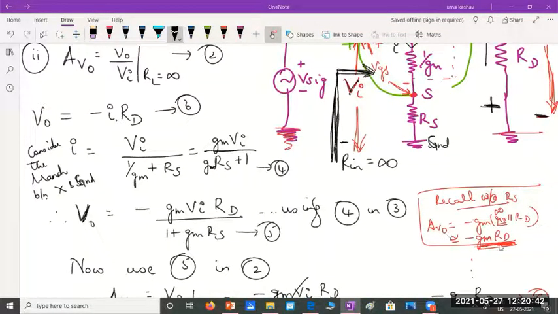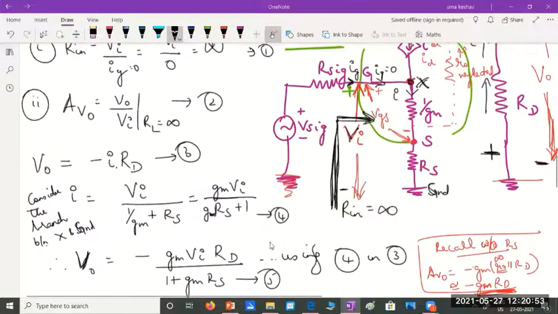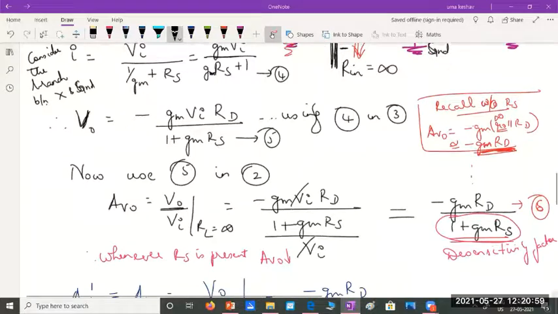Because of RS, I get the open circuit voltage gain divided by the factor 1 plus gm RS.